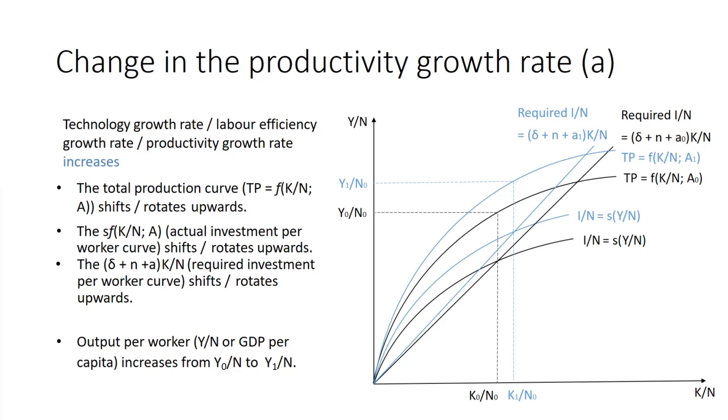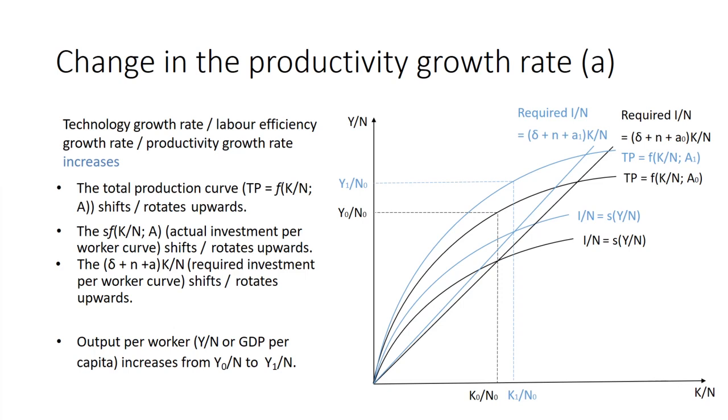So the change in productivity growth rate is quite unique because it doesn't have the same limitations as what we saw when we analyzed the change in the population growth rate and a change in savings. The diminishing marginal returns doesn't have the same impact it does with technology growth rate because the total production curve completely shifts.